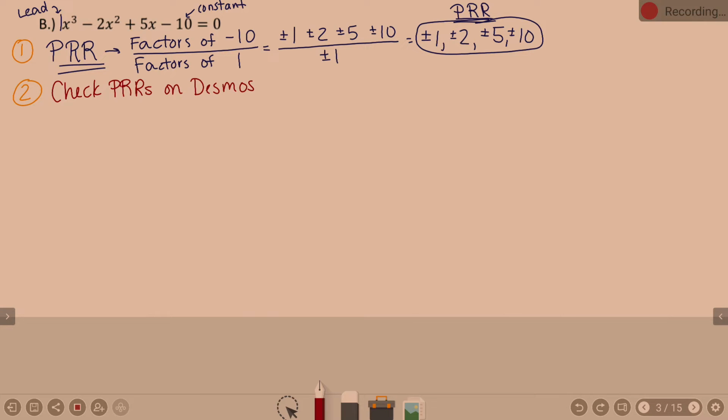Okay, so go to Desmos, and tell me what we're going to try. So plus or minus 1, 2, 5, and 10. Those are the options we're looking for. No fractions, no decimals. We're looking for those pieces there.